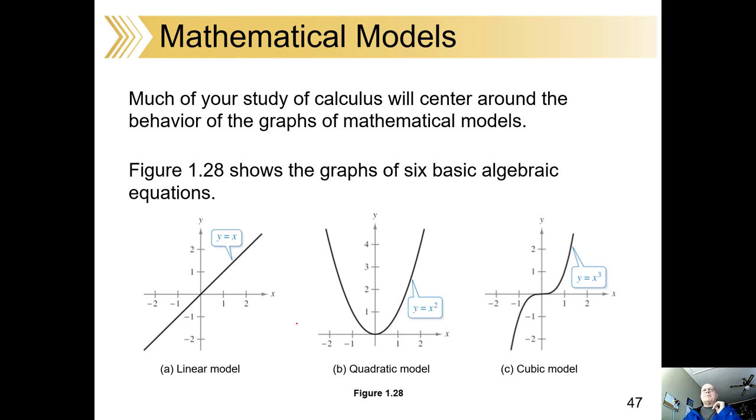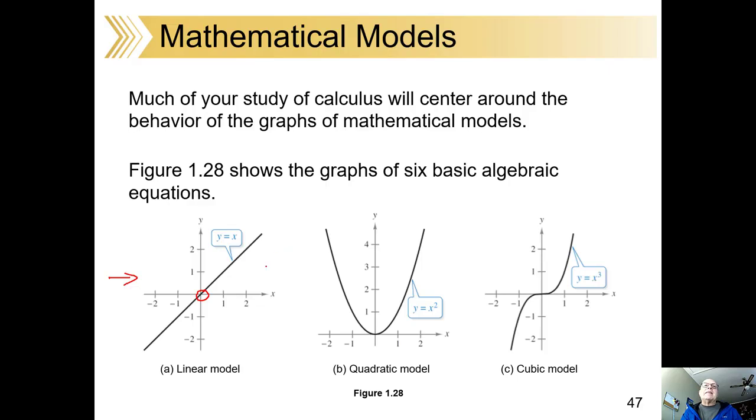Last of all, we've got mathematical models of various sorts. A linear model, like this first one out here, would be a fantastic one. Now, if it goes through the origin, you've got a really unusually convenient model.